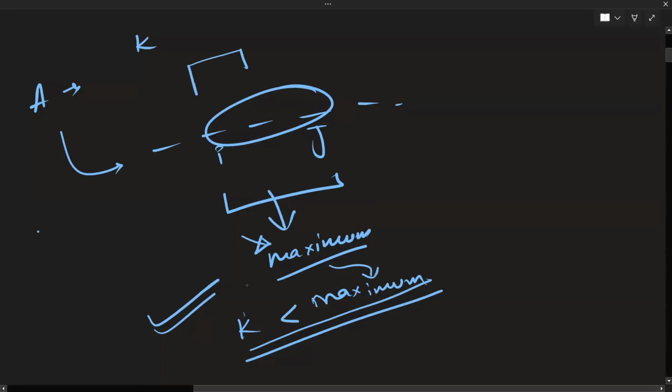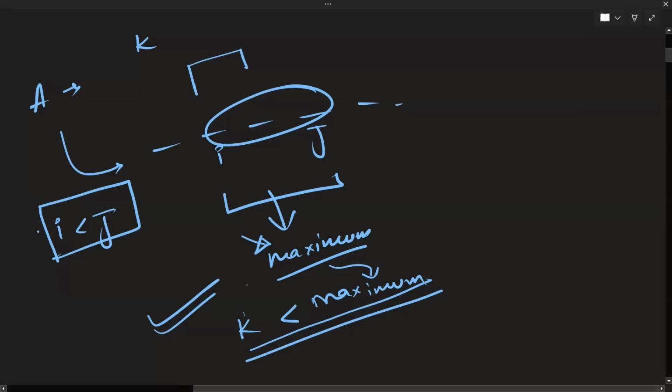I hope nobody is having any doubt regarding this. The smallest possible subarray size is 2, because i is less than j. So Bob will always pick a subarray of size 2.